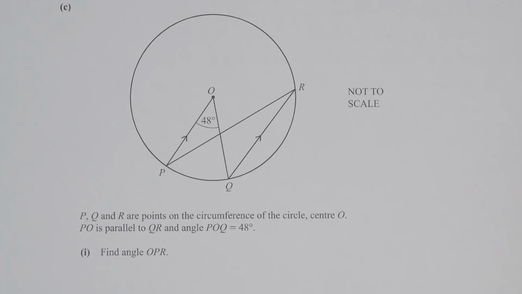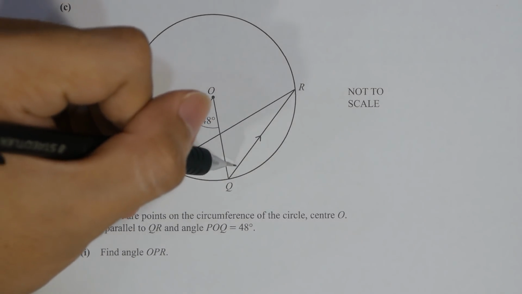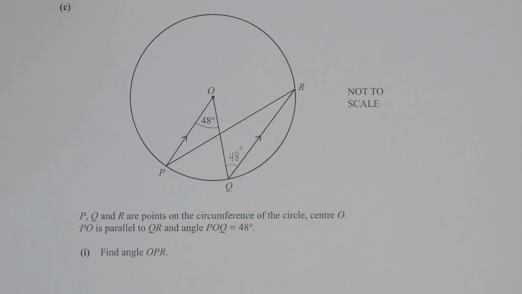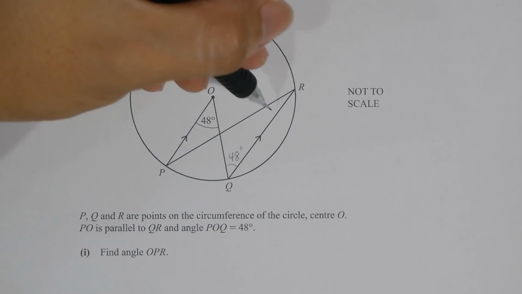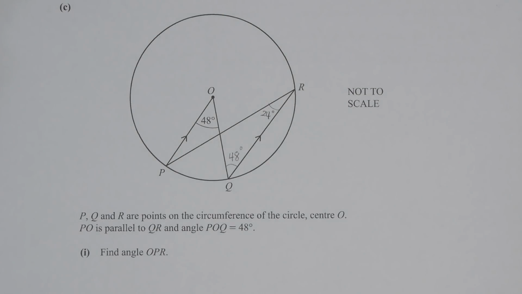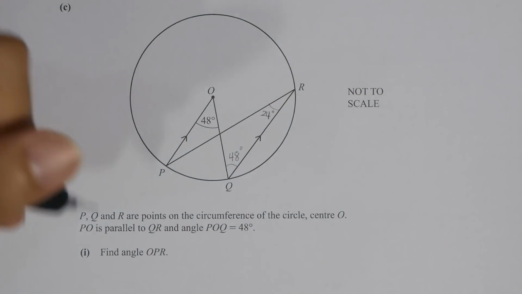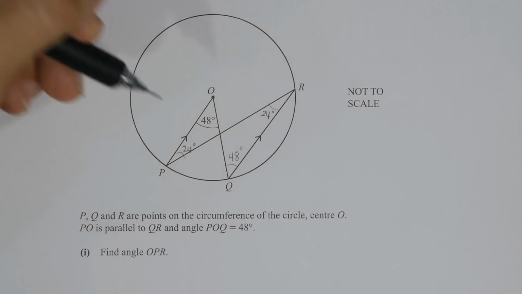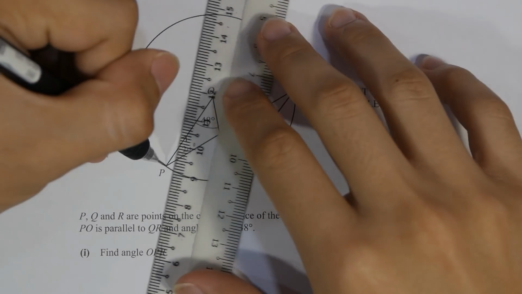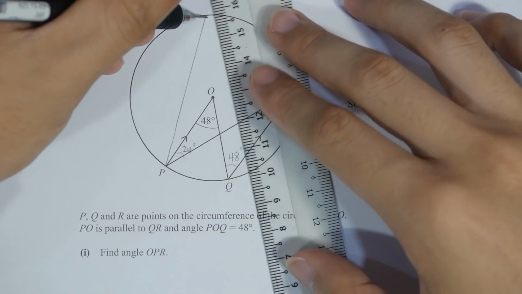For part C, the key thing here is that POQ is twice the value of PRQ, because the angle at the center is twice the angle at the circumference. With that being said, PRQ will be equivalent to 24.